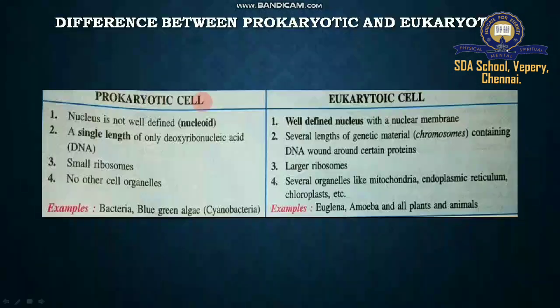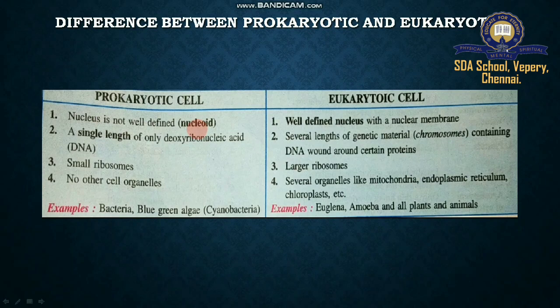Differences between prokaryotes and eukaryotes. I already explained: pro means first, karyon means nucleus, first formed cell, primitive organism. Now we'll look at some differences. In the prokaryotic cell the nucleus is not well defined.